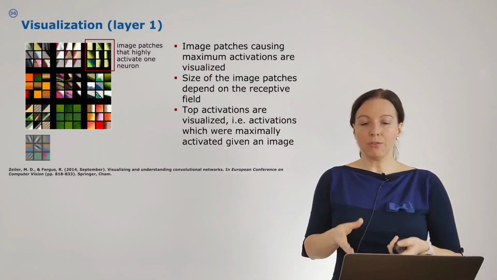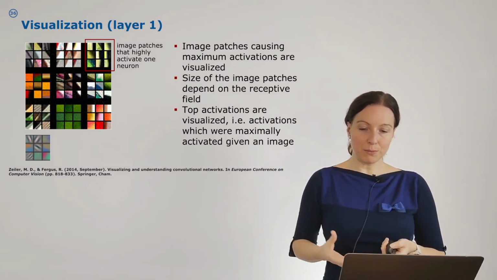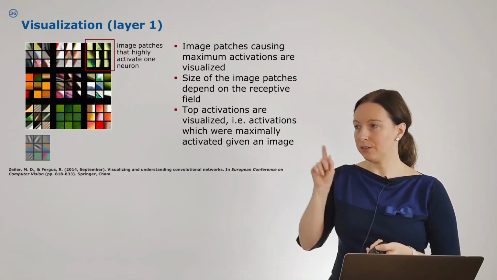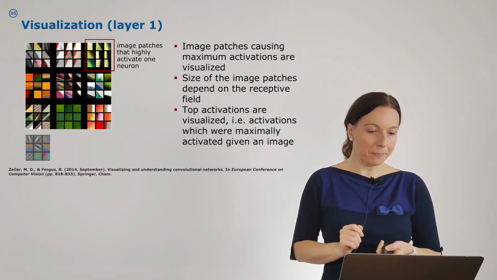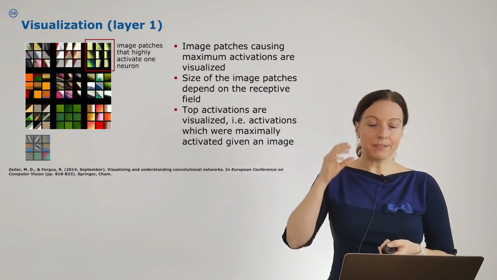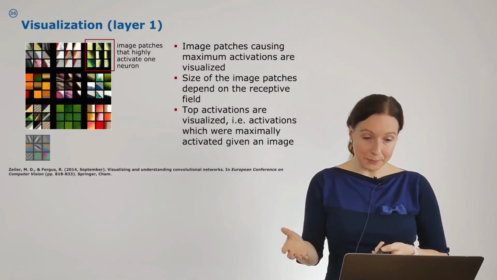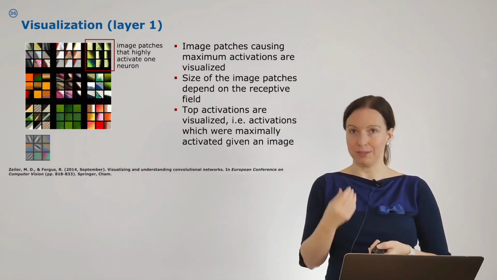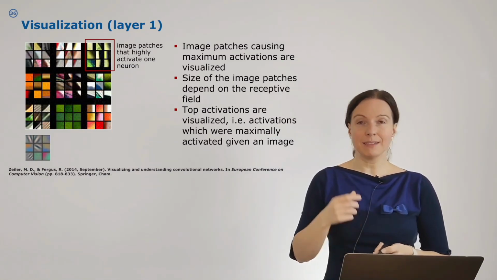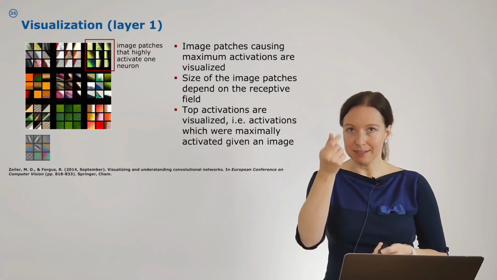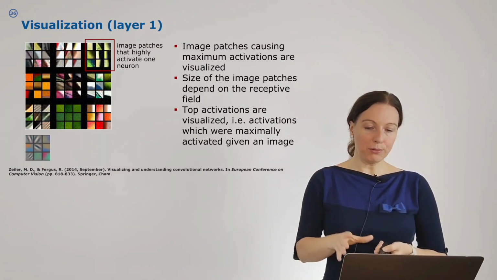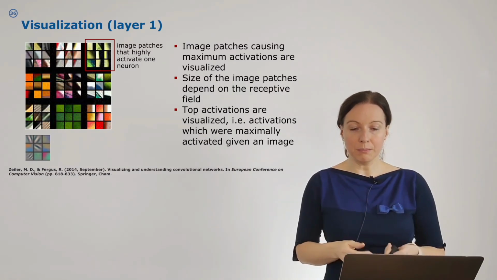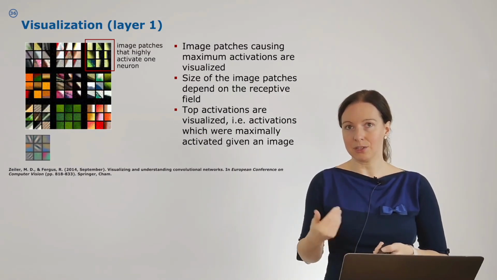You can scan through your data set to find image patches that maximize a single activation in the first layer. So let's focus for now on the first layer. Since the first layer only sees a small patch of an image with the size of the receptive field, which in this case is the filter size in the first layer, here we plot only the part of the image which influences the actual activation.